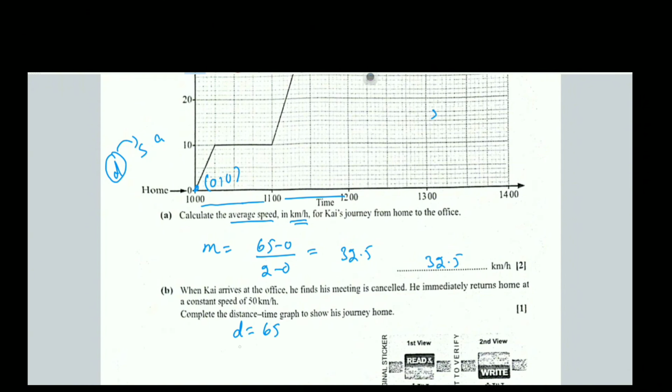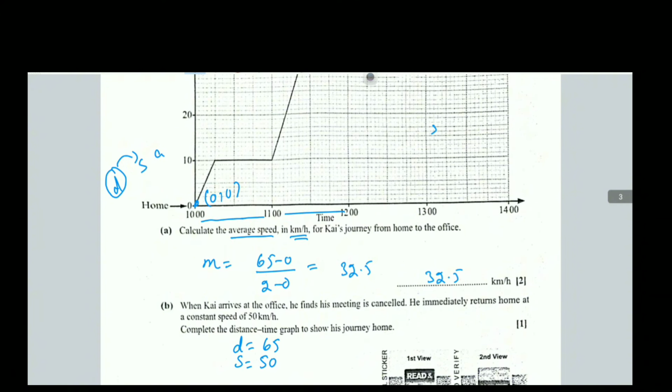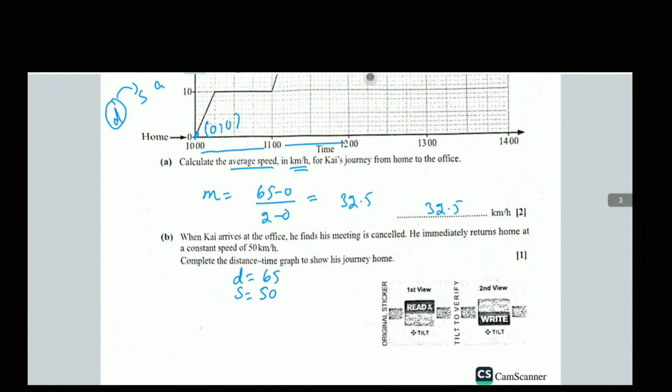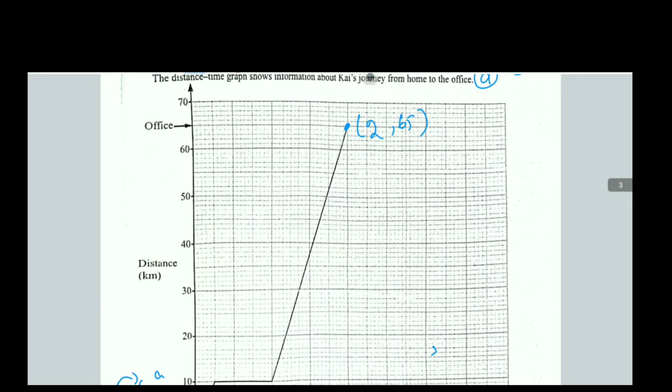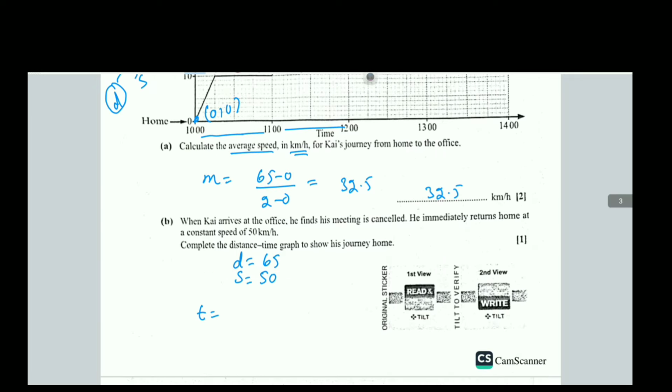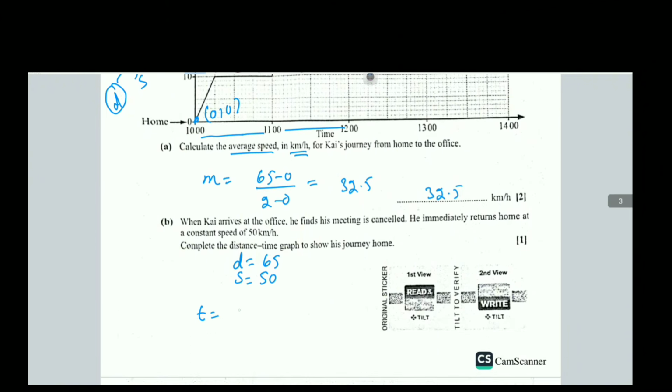Distance is 65, speed is 50 kilometer per hour. Distance and speed are both in kilometer per hour. So now we have to find time, then we can complete the graph, because we don't know the ending time.